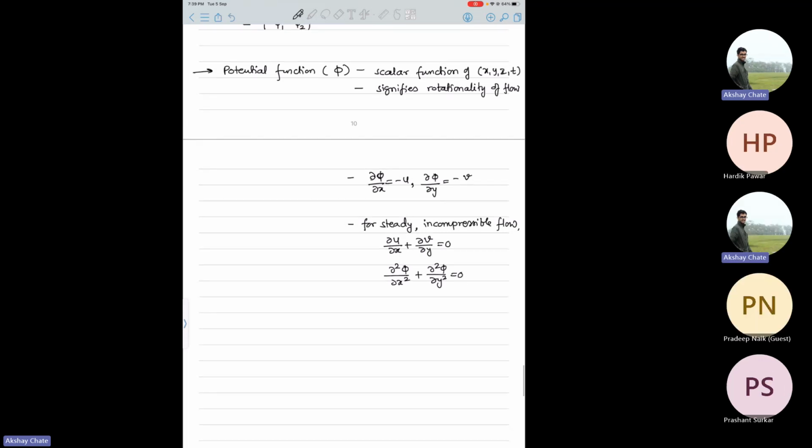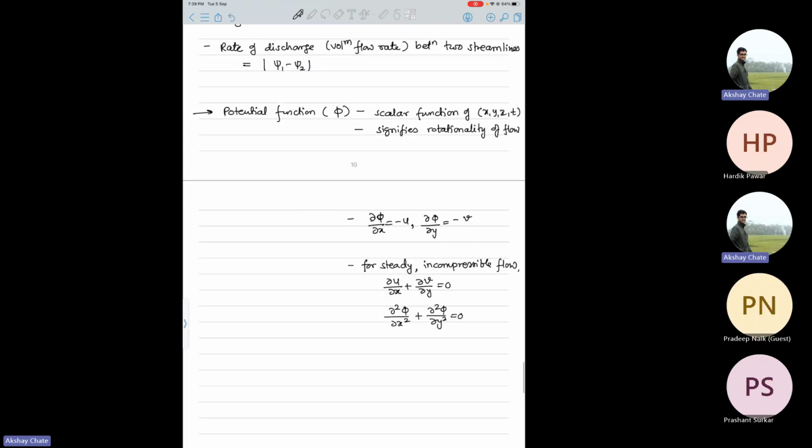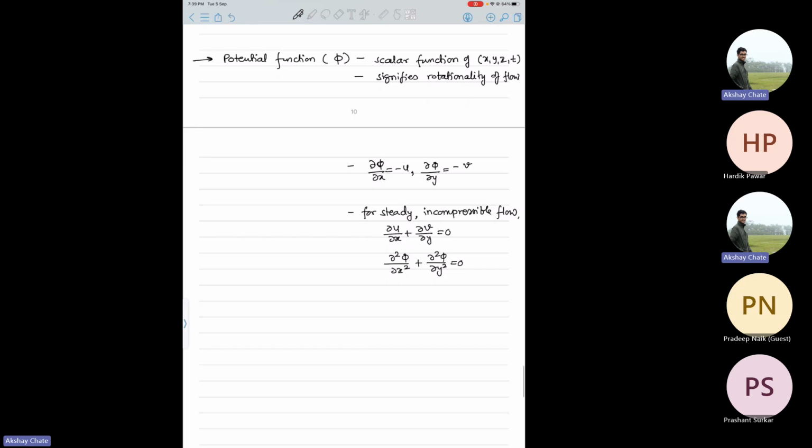Here it will be x square because u is del psi by del x. So if I take derivative, it will be del square by del x square. There will be one negative sign, but since it's a summation, it should be multiplied with -1, doesn't matter. So here Laplace becomes 0 for the velocity potential function also.